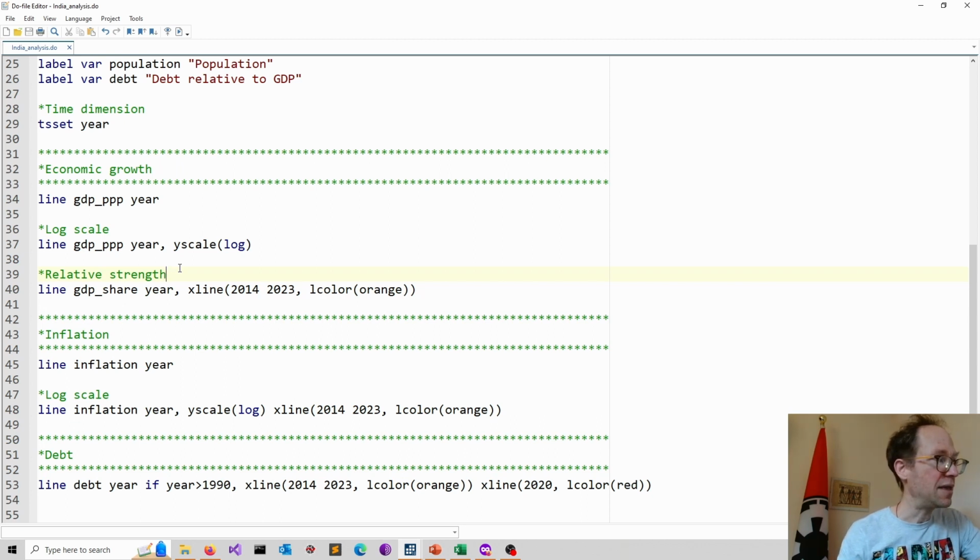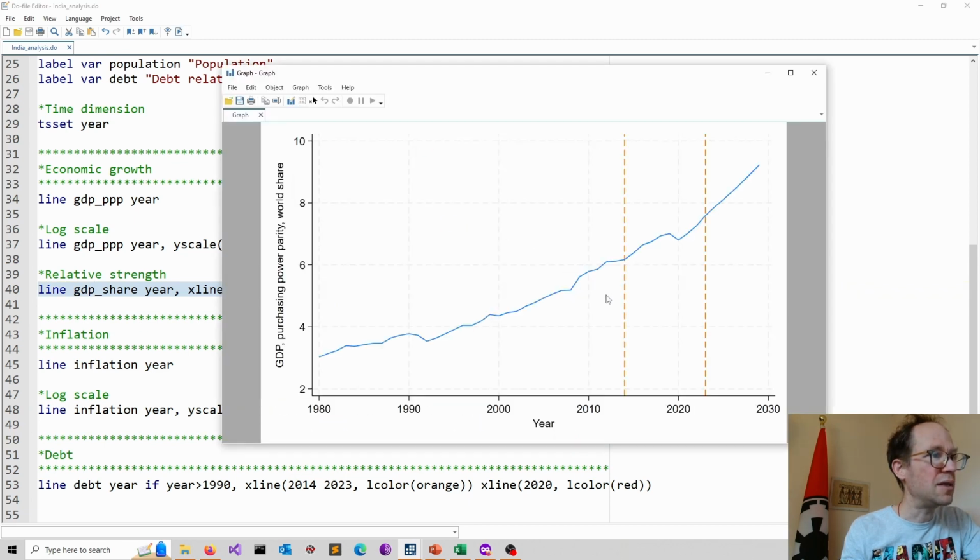I also added here a few vertical lines to indicate the start of Modi's government in 2014 and the current point in time. Well, this is when the projections start because this is more precise. I added here a line color option. Saffron was not available. This is the closest I can get. So here we go, and here we are.